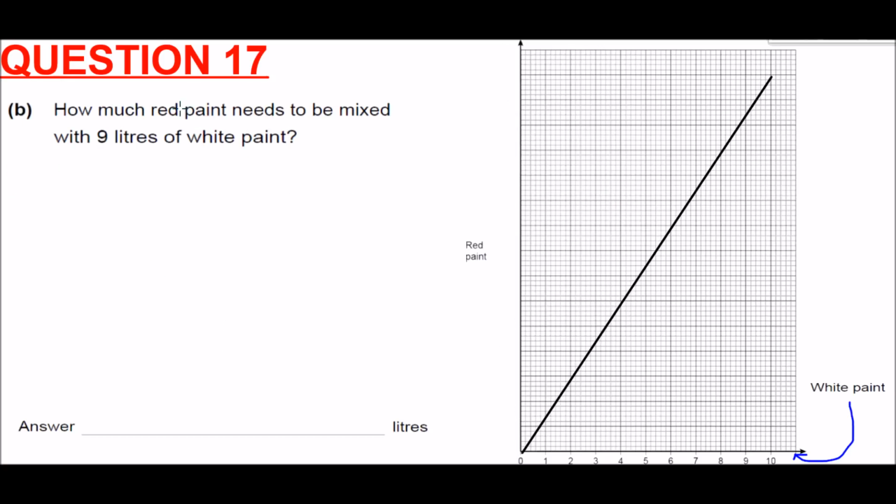So this is how much red paint needs to be mixed with 9 litres of white paint. So if we just find whereabouts 9 litres of white paint is, 9 litres of white is here. And so if we now just take this point and follow it up and along on our graph, we'd hit the line here.